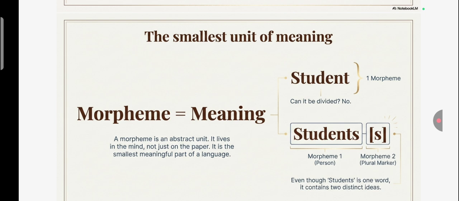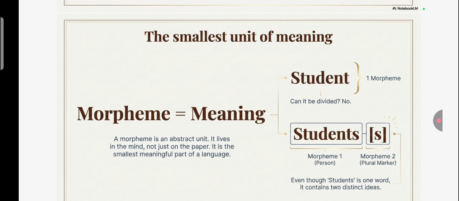So the word students contains two separate ideas. One, the person who studies, and another idea is plurality. So student is one morpheme and S is another morpheme. Together they create the complete meaning.